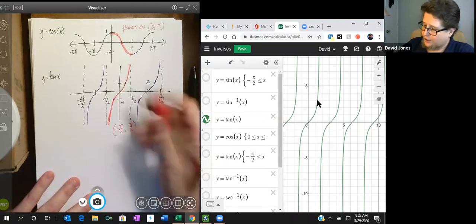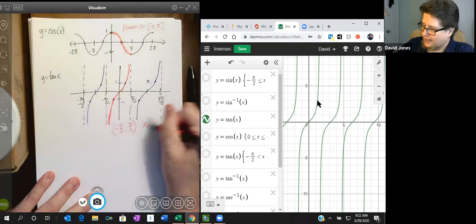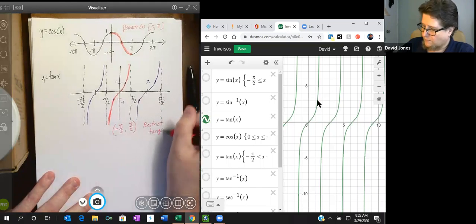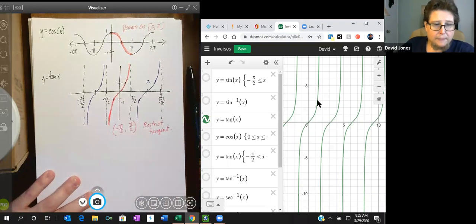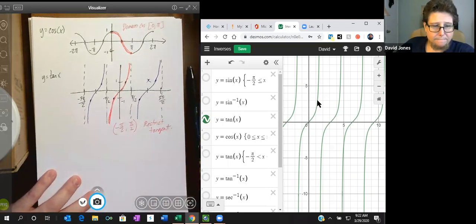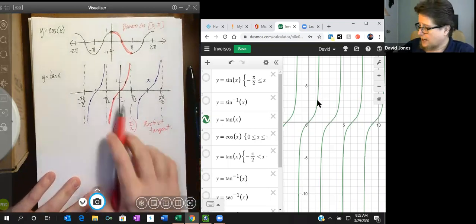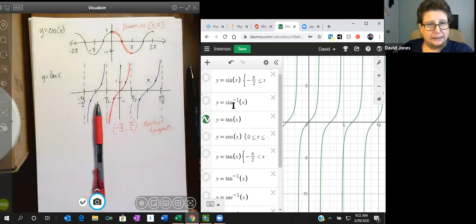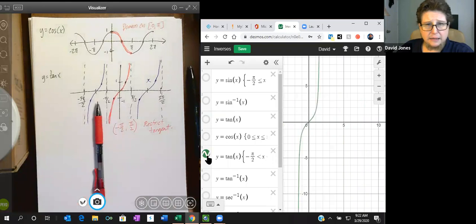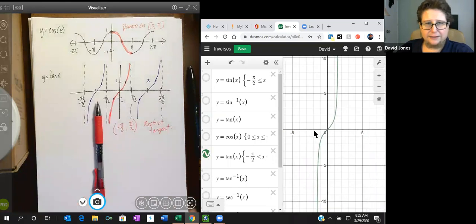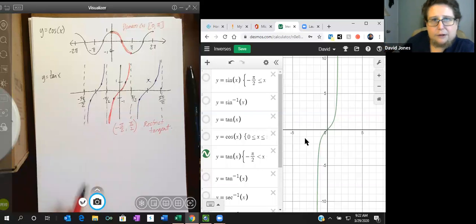So we restrict tangent to that. And we take a look at it. And we just get one graph. All right, so that's how we restricted.